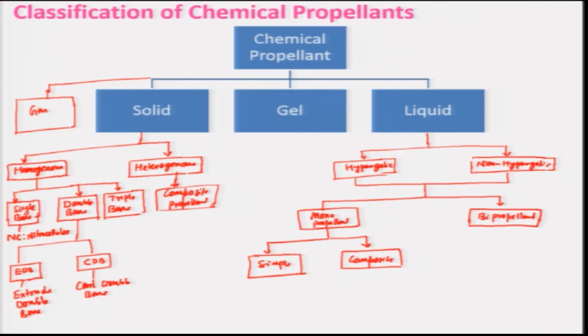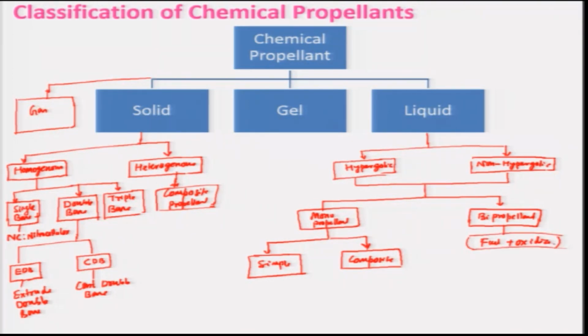Composite, you can say amyl acetate or nitric acid or any other things which can be mixed together and used as a propellant. And bipropellant consists of both fuel and oxidizer used separately, and then they will be mixed and used.